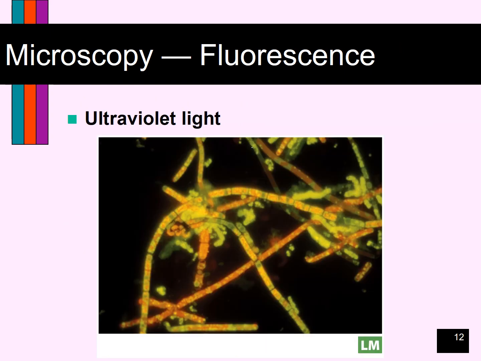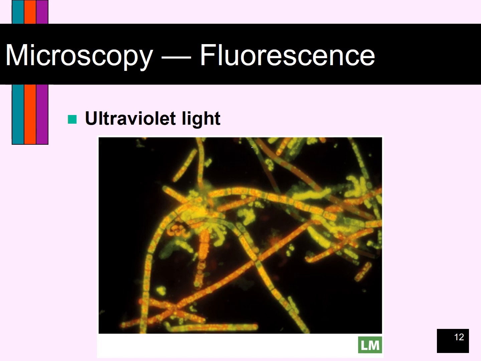The ultraviolet light microscope has slightly different features, which we'll talk about in a minute. And that's because it's using UV light instead of visible light, so the resolution is a little bit better. This figure right here is showing some microbes that have been stained with a fluorescent dye called acridine orange.